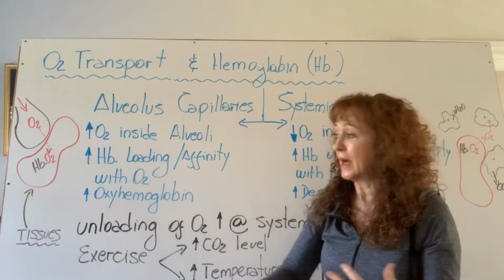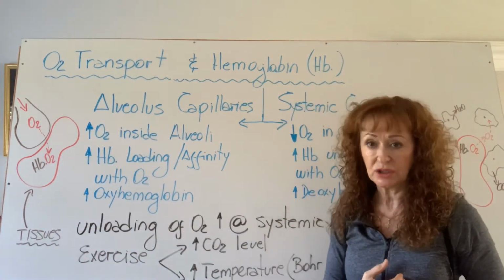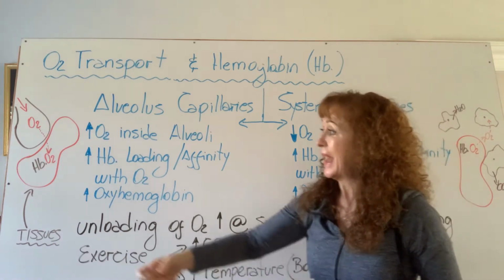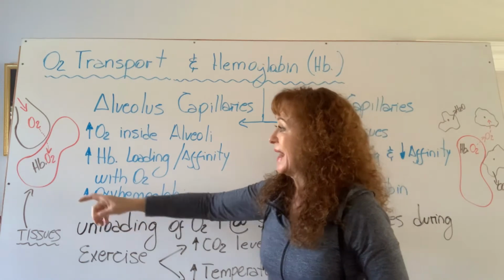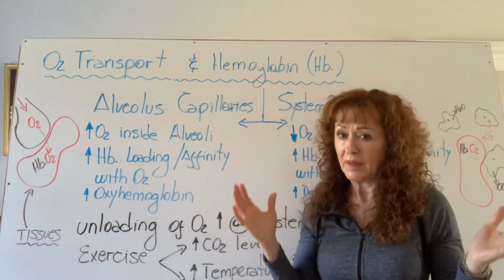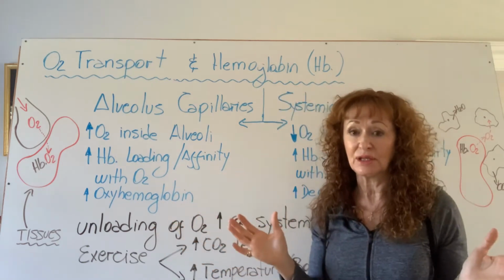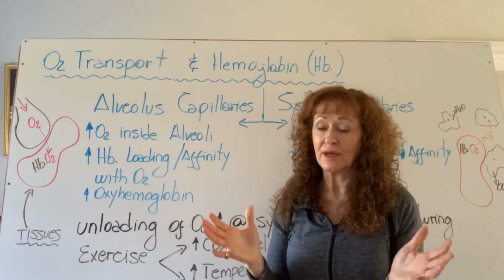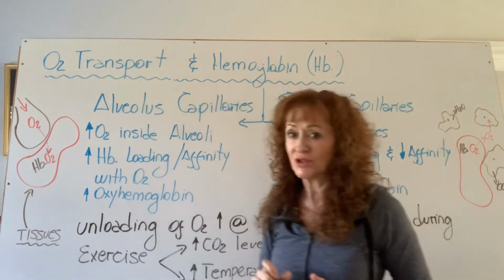So what we are carrying inside the alveolus capillaries is deoxyhemoglobin. And at the alveolus capillaries, that hemoglobin is totally empty. I mean, not totally empty, but 90% of the hemoglobin is empty. Remember, we have 280 million hemoglobin molecules in one erythrocyte.